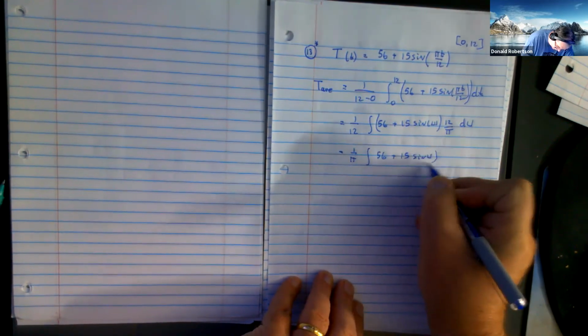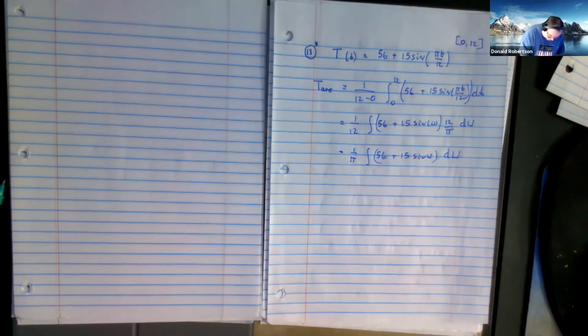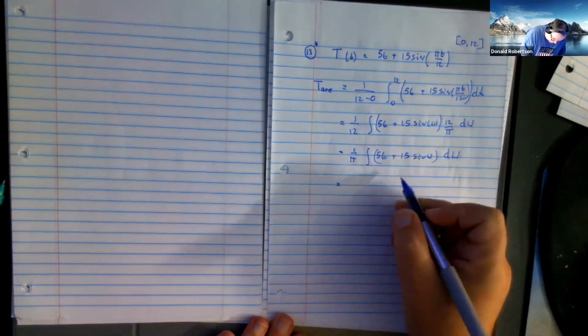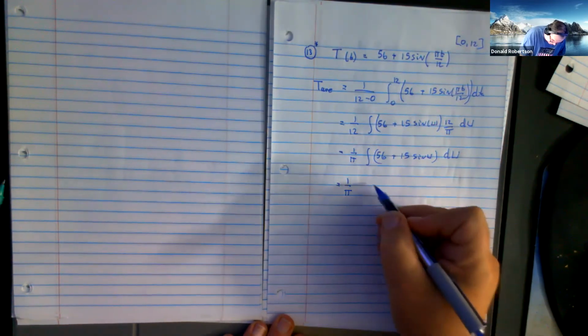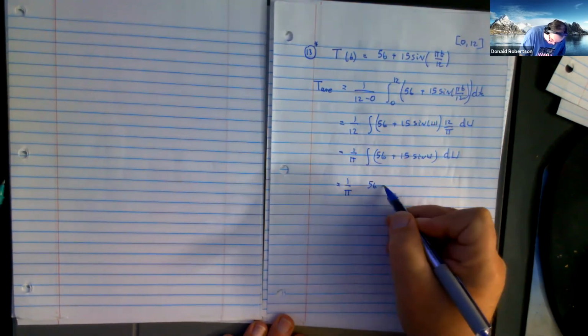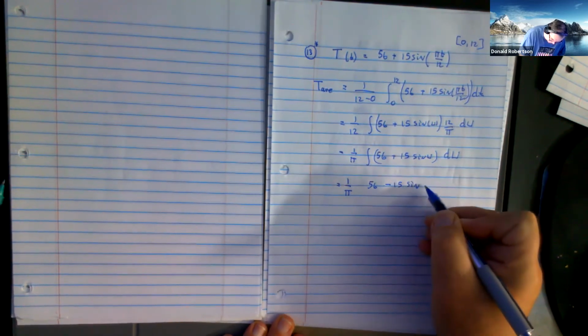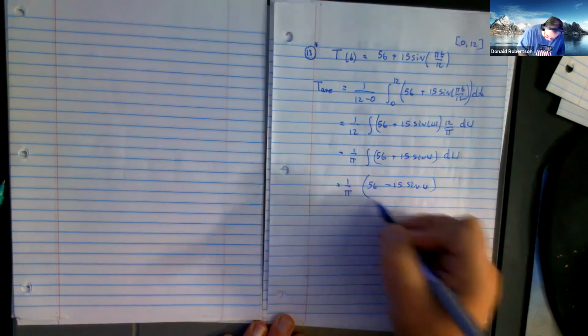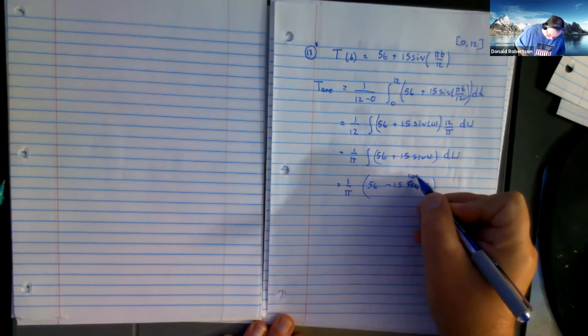And I'm just doing that to try and make it a little bit neater. That's about all. So it's going to be 56, take away 15 sine of u's, and 15 take away cosine of u's.